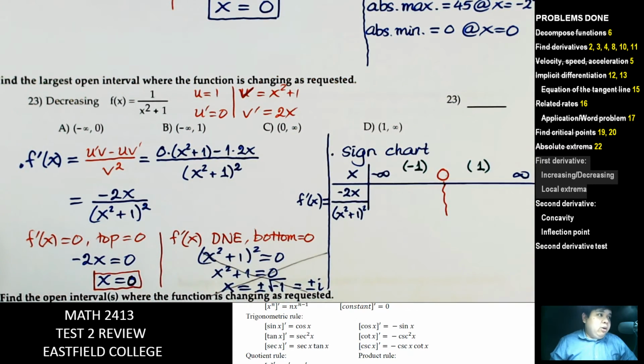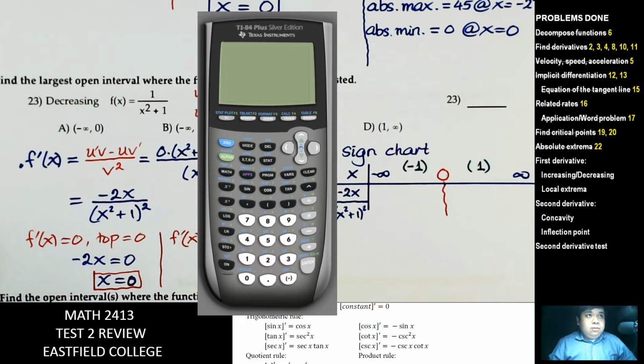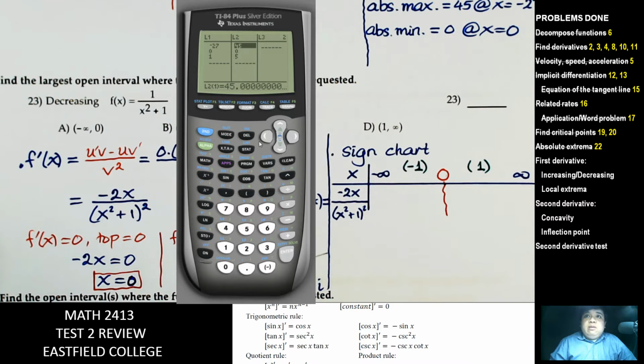Right, back to the calculator. I turn it on. Now we clear the list first. To clear a list, we highlight the list, hit clear, and then enter.